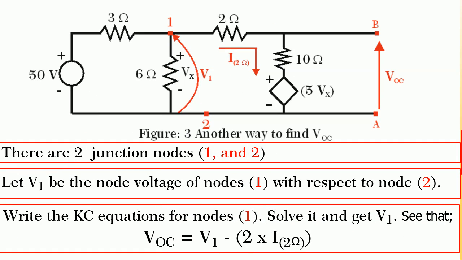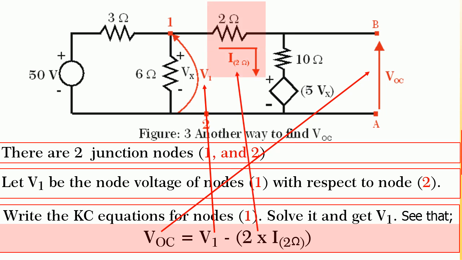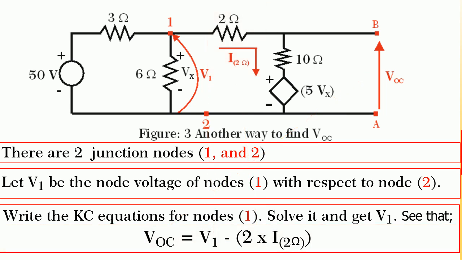Consider figure 3. Here there are only two junction nodes, hence assume Phi1 as unknown. Write Kirchhoff's current equation for node 1 and solve for Phi1. Note that VOC is equal to Phi1 minus 2 into I 2 ohm.